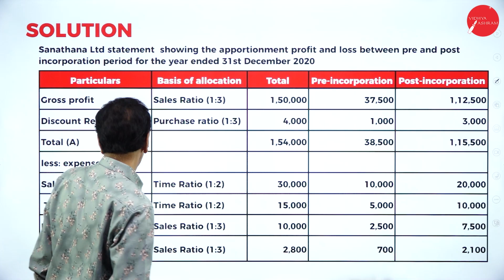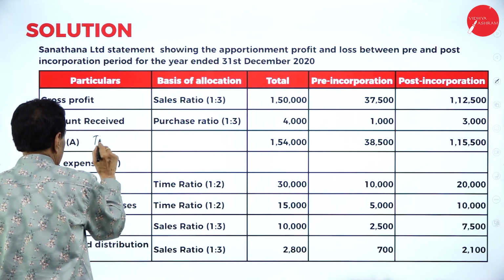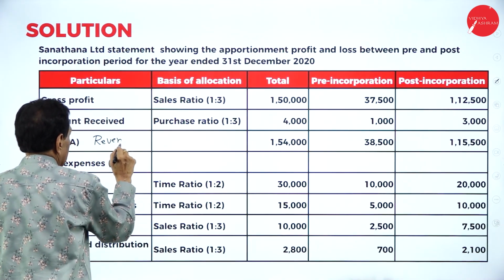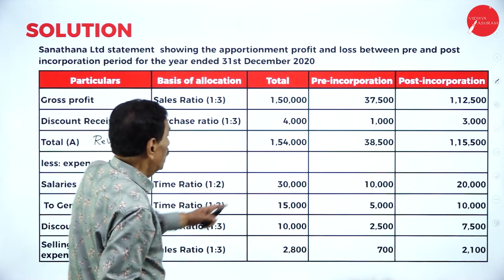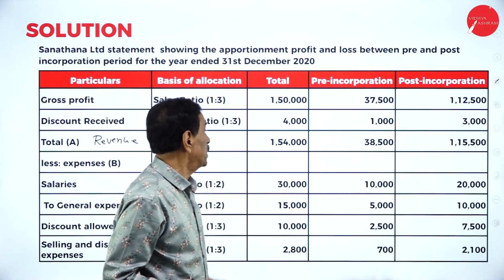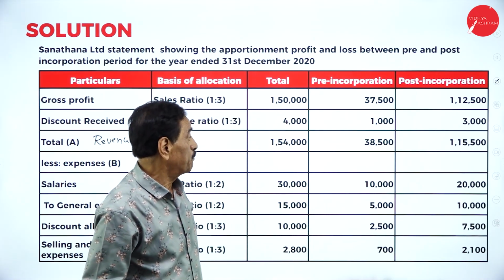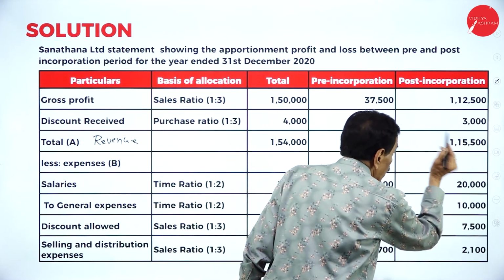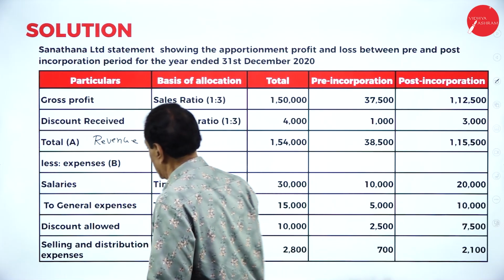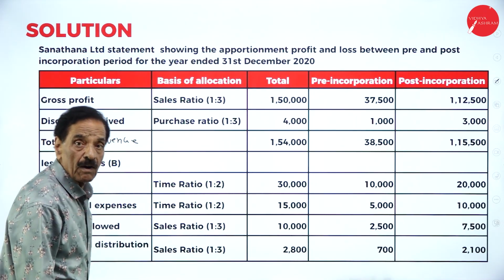So total revenue is 1,54,000. Then 38,500 is the pre-incorporation profit and 1,15,500 is the post-incorporation profit.